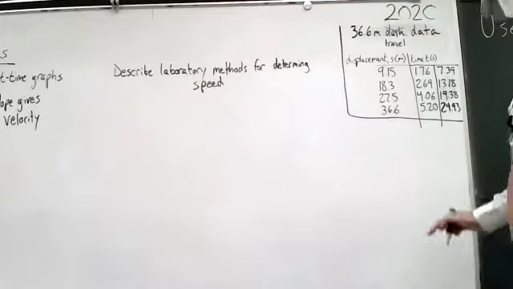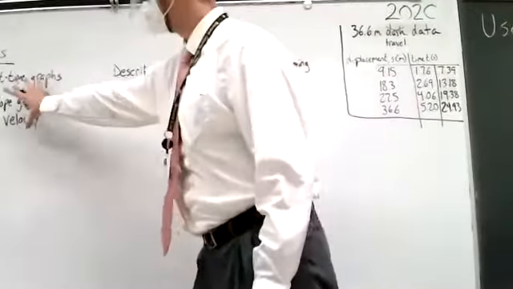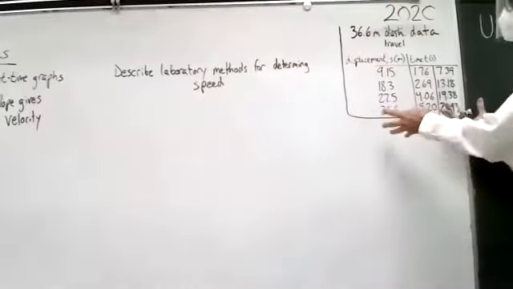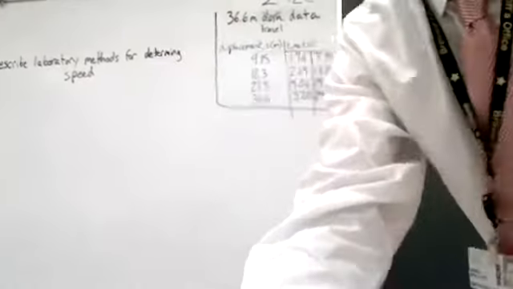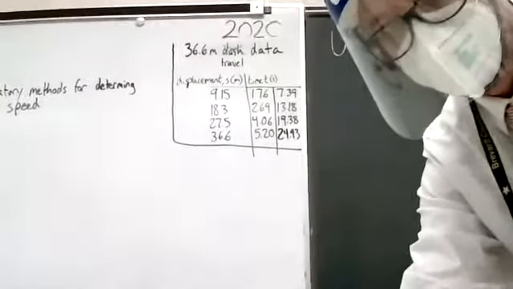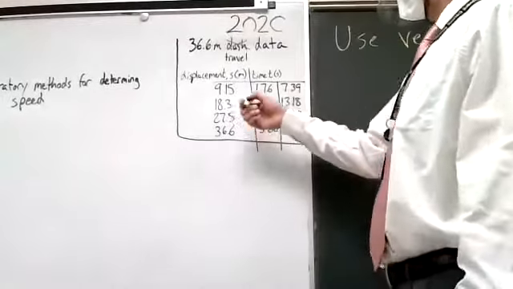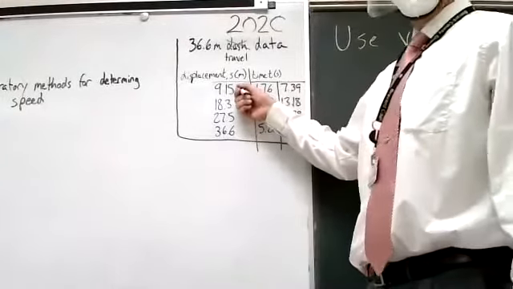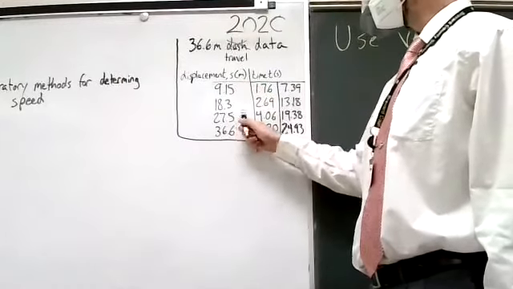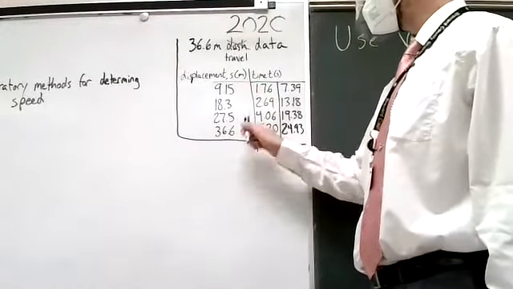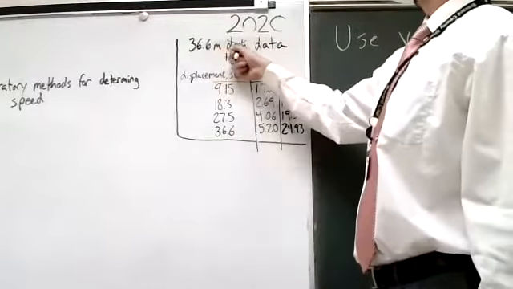All right, I'm sorry, I'm jumping over here from draw and interpret displacement time graphs because we've got some displacement time data here. This is empirical data collected ourselves, not myself, as I mentioned earlier, so trust it as much as you want. 9.15 meters, that's 10 yards. 18.3 meters, that's 20 yards. 27.5 meters is 30 yards, and a 36.6 meter travel is a 40-yard dash.